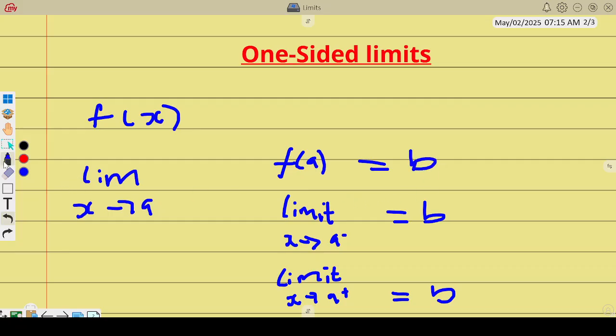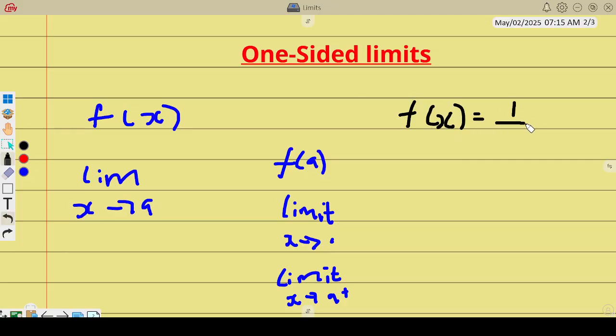So the limit has too many restrictions. Let me put you into perspective with this example. Say f of x is equal to 1 over 2x.